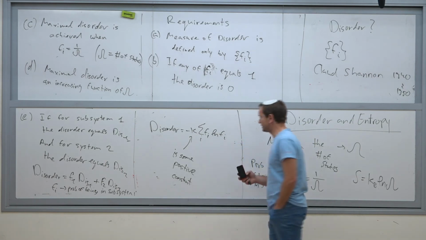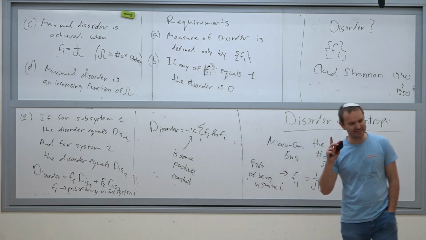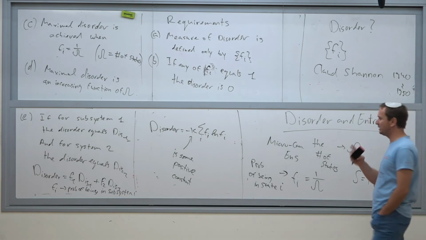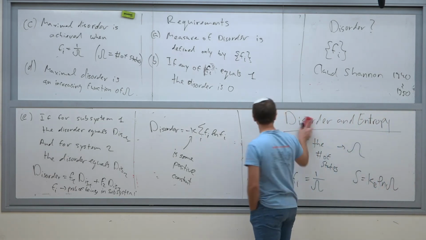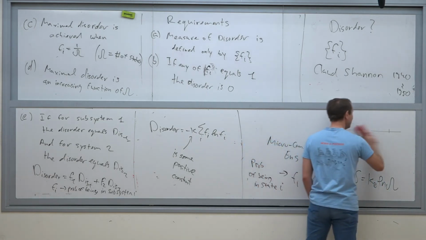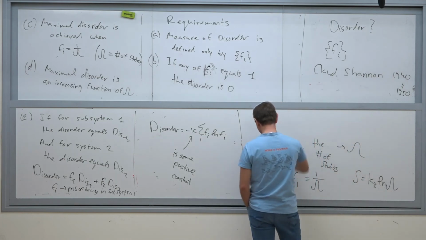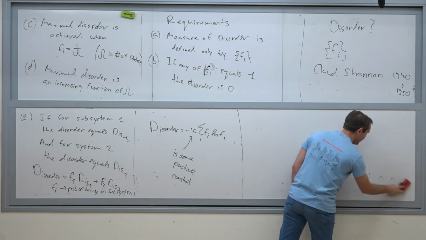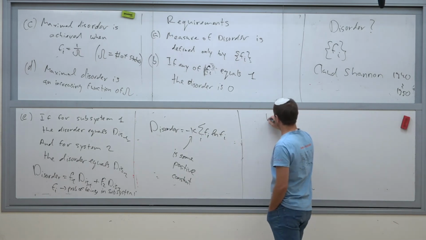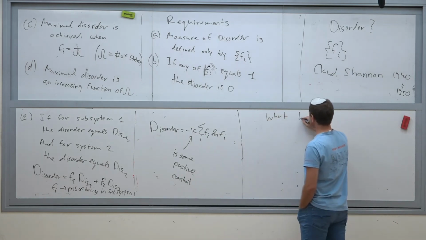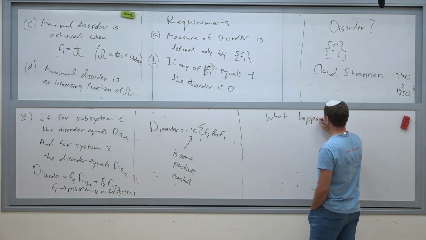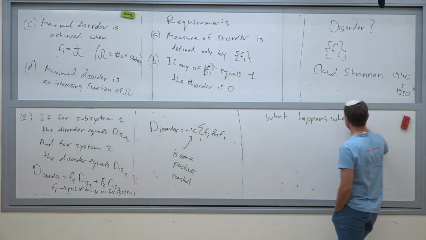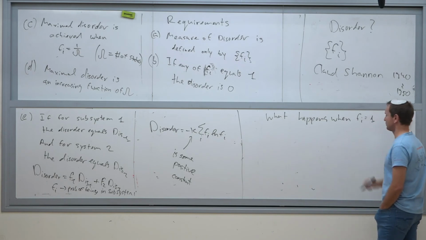Right, so let's take, for example, that there is only one single fi and it equals 1, the disorder is exactly 0. What happens when fi equals 1?